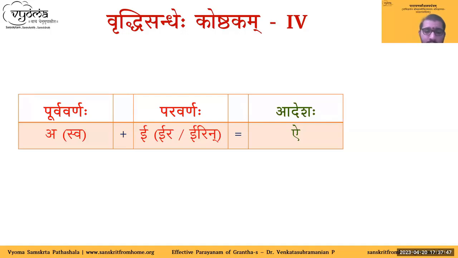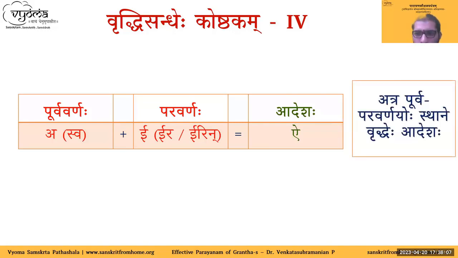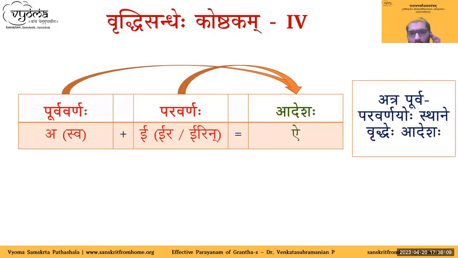if the Purvavarna is Akara, that is the ending letter of Sva, and the Paravarna is Ikara, that is the starting letter of Ira or Irin, both these words are possible, then the Adesha is Aikara. Atra purvaparavarnayoh sthane vriddheh adeshah bhavati.